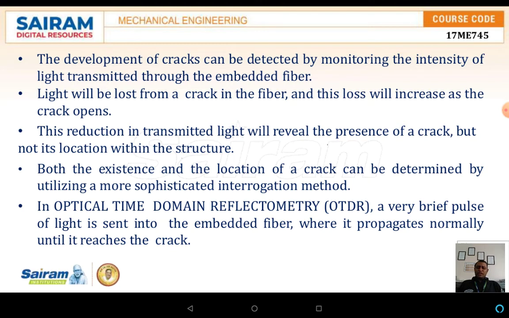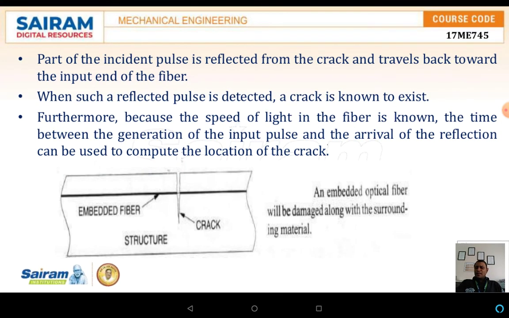A very brief pulse of light is sent into an embedded fiber, where it propagates normally until it reaches the crack. The pulse is reflected from the crack and travels back towards the input end of the fiber.